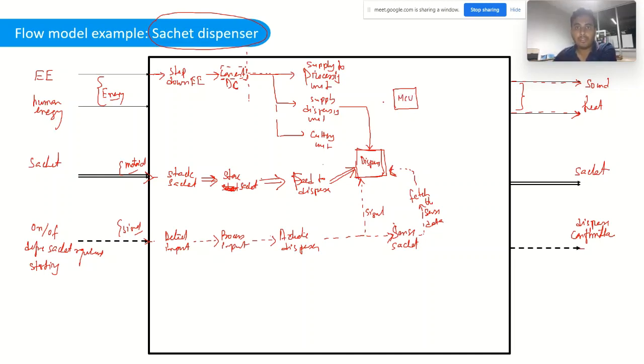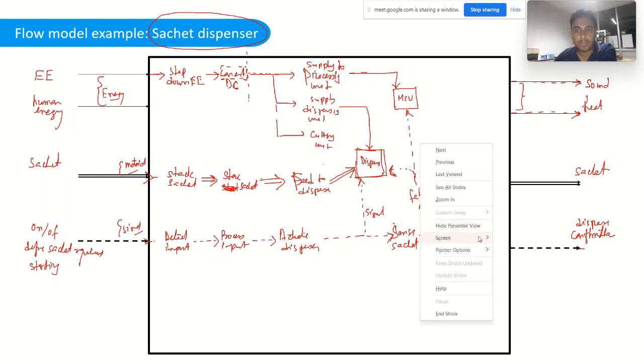The electrical energy is supplied to this MCU, and this signal is first fetched to the MCU. MCU means microcontroller unit.